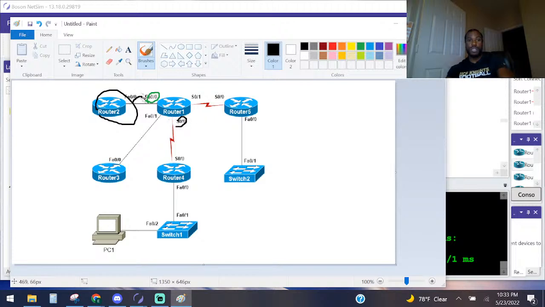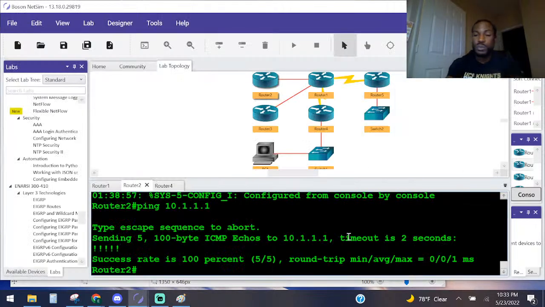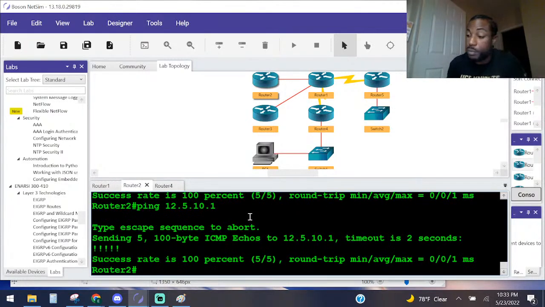The S0/0 interface on router 1 is, I can't even remember, 12.5.10.1. So now we'll try to ping 12.5.10.1, and we got a reply. That's a good sign.